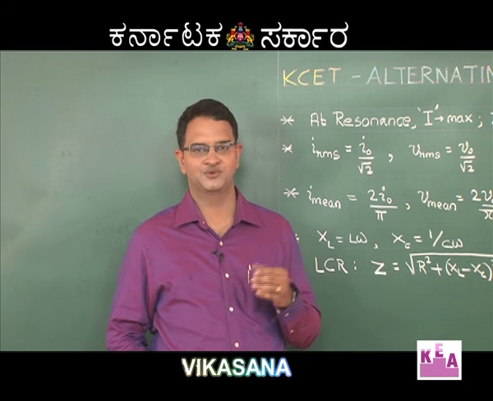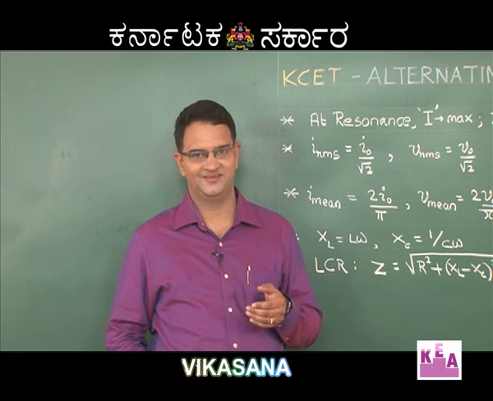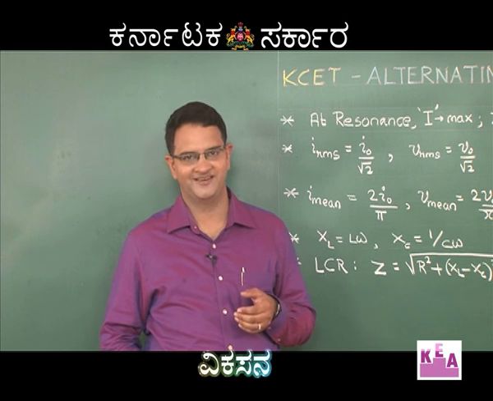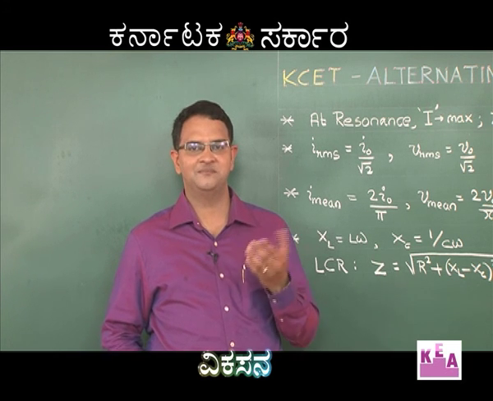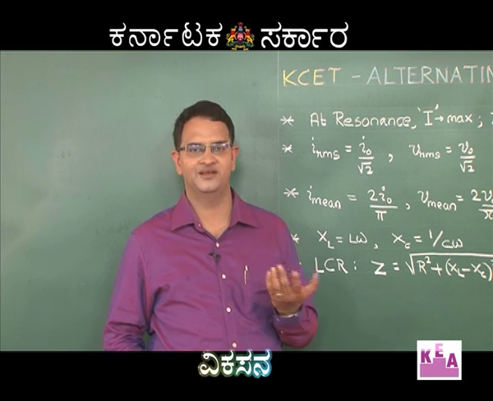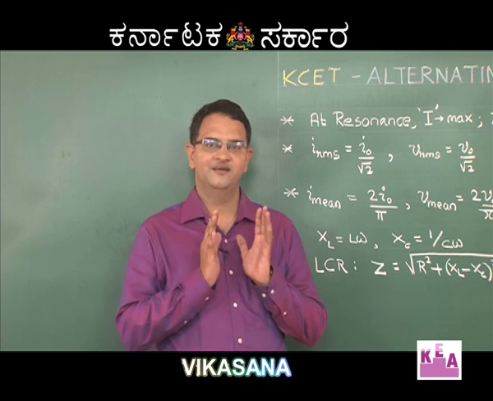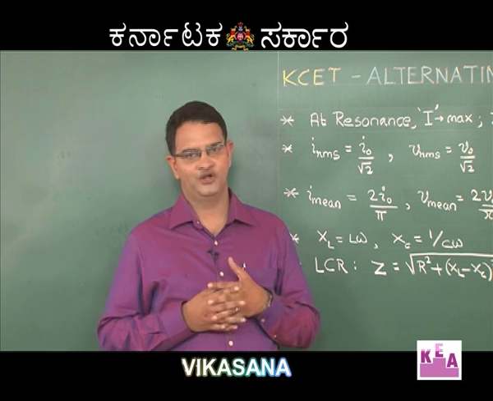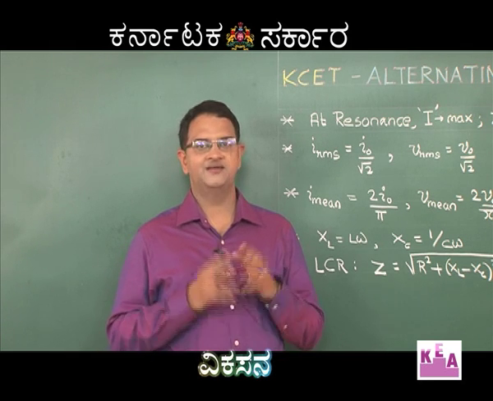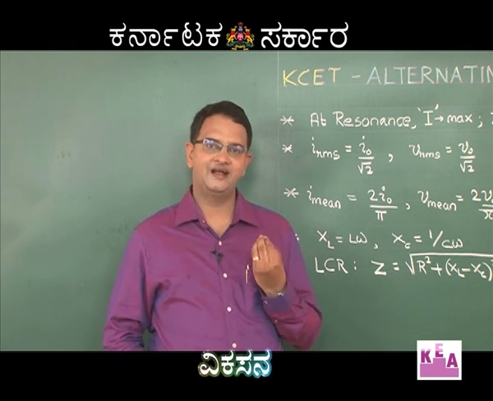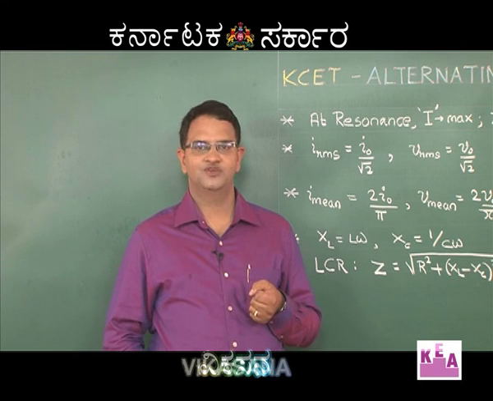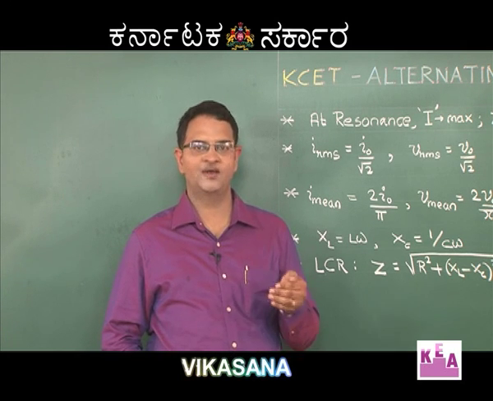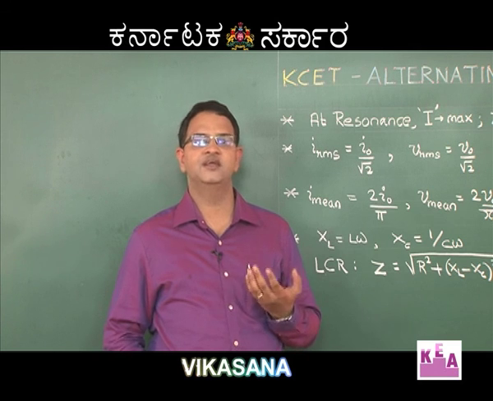So, I is equal to Im sin omega t or Im cos omega t. V is equal to Vm cos omega t or Vm sin omega t, where Vm represents the peak voltage and omega represents the angular frequency, which is equal to 2 pi f or 2 pi divided by T, where T is the time period.